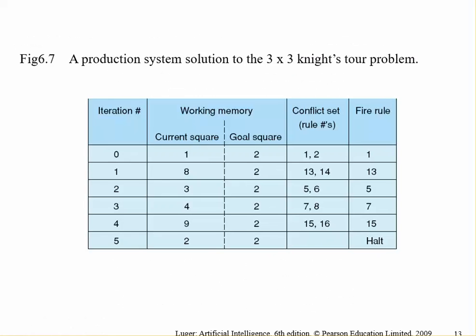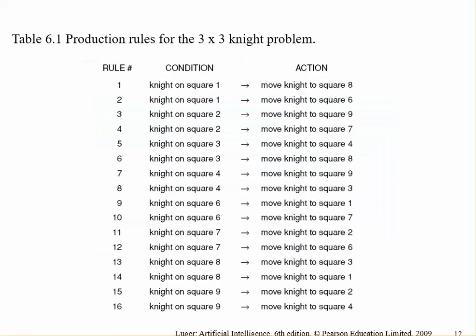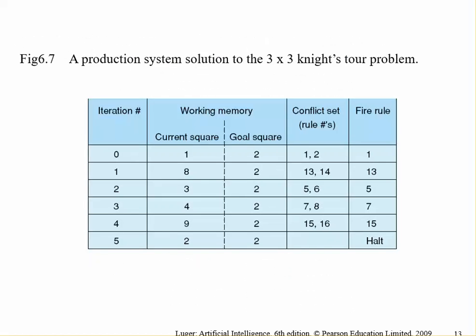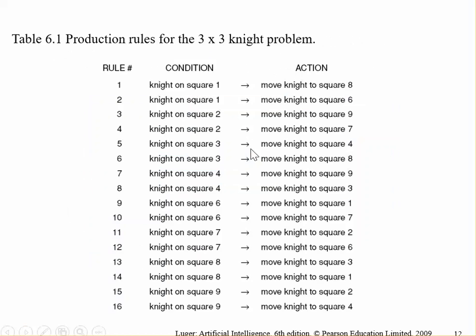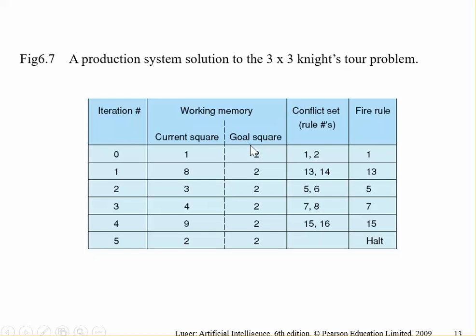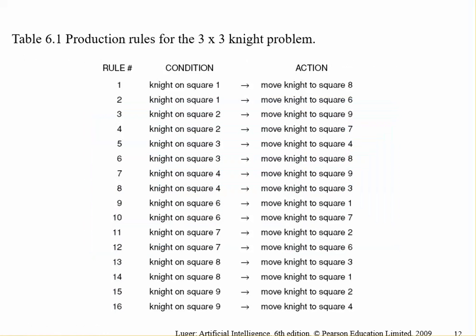Now, let's see another way of implementing those rules for that game. Let's say that initially we're on square 1, and the goal is to go to square 2. We can halt when we reach the goal, because if you're using the production system for this application, you want to win the game.